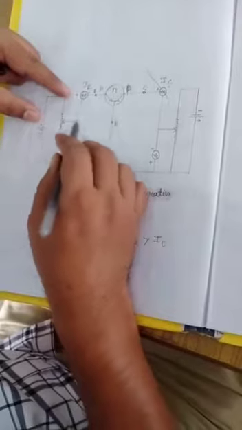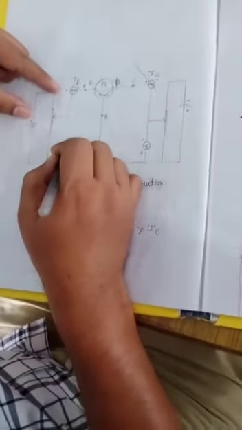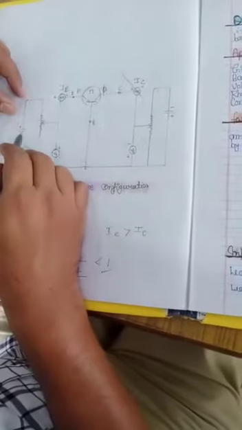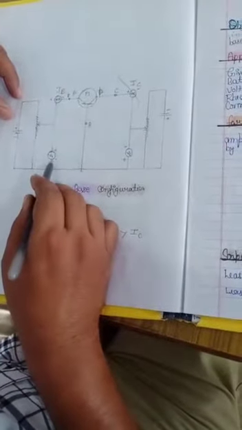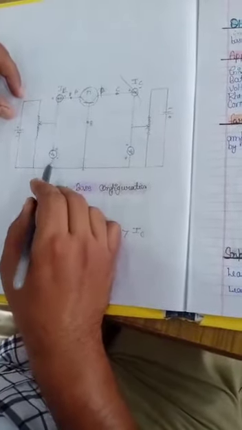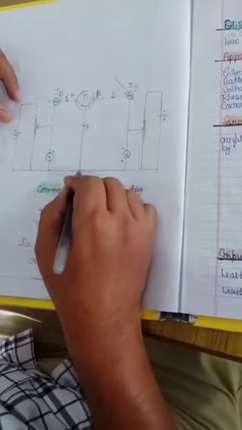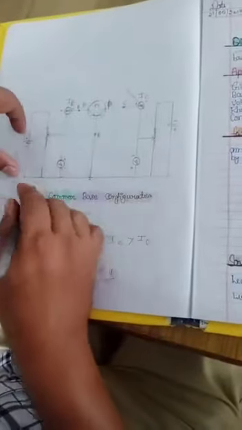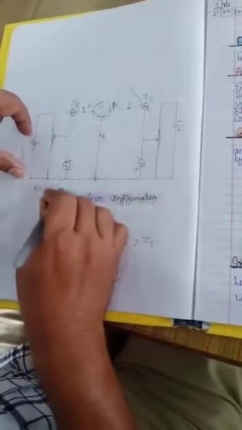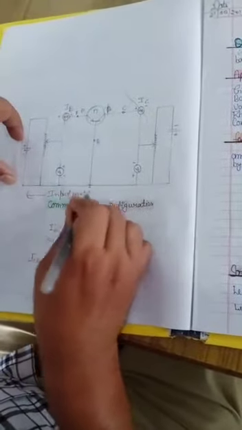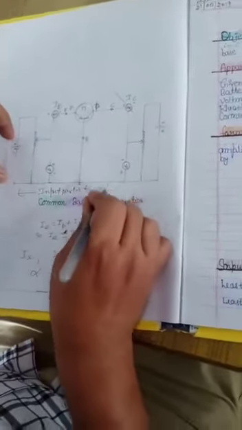The positive terminal of the battery is connected to the positive terminal of the voltmeter. The negative terminal of the battery is connected to the negative terminal of the voltmeter, and the negative terminal of the voltmeter is connected to the base. In this way, this is the input part of the circuit and this is the output part of the circuit.